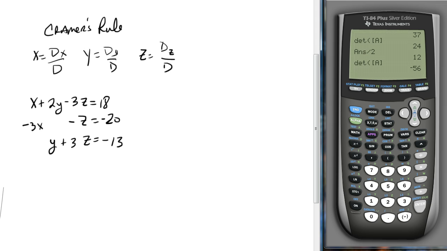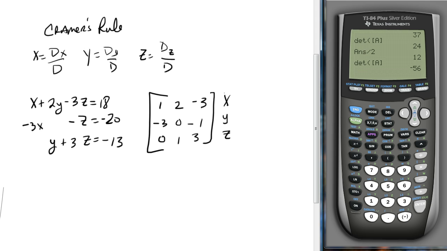All right, so let's set up the matrix. The matrix would be 1, 2, negative 3, negative 3, 0, negative 1, 0, 1, 3. In the system, I would set it up like this if I want the system equals 18, negative 20, and negative 13.